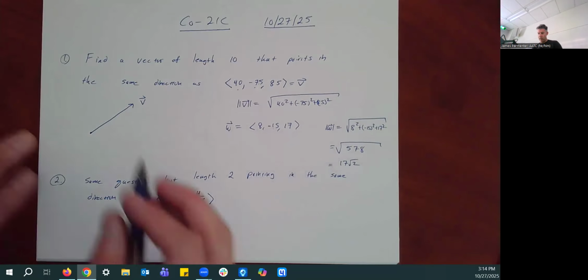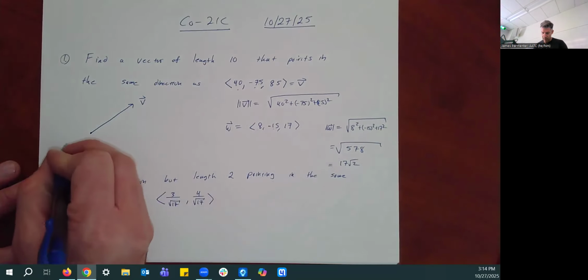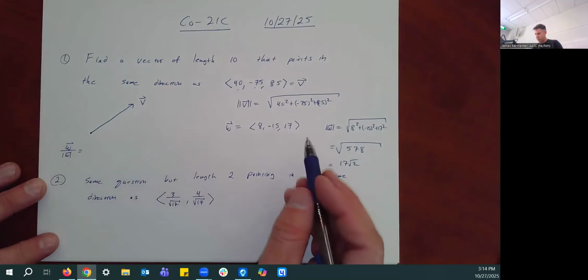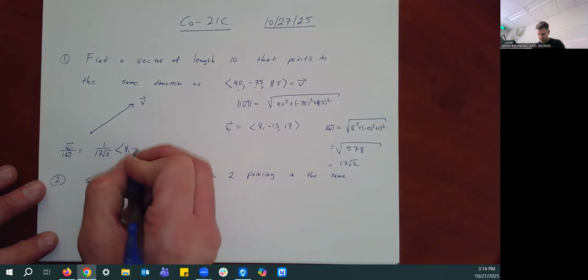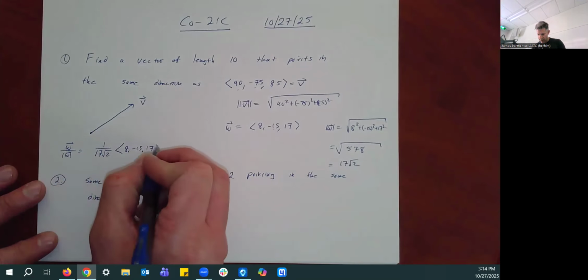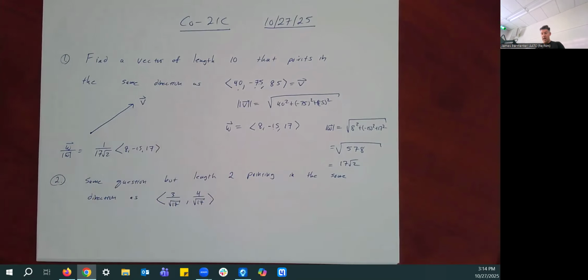So now we want two things. W divided by the magnitude of W is going to be, let's not make it too terrible, let's be smart about it, 1 over the magnitude times the same vector. And then if you're trying to make it have length 10, multiply the whole thing by 10.